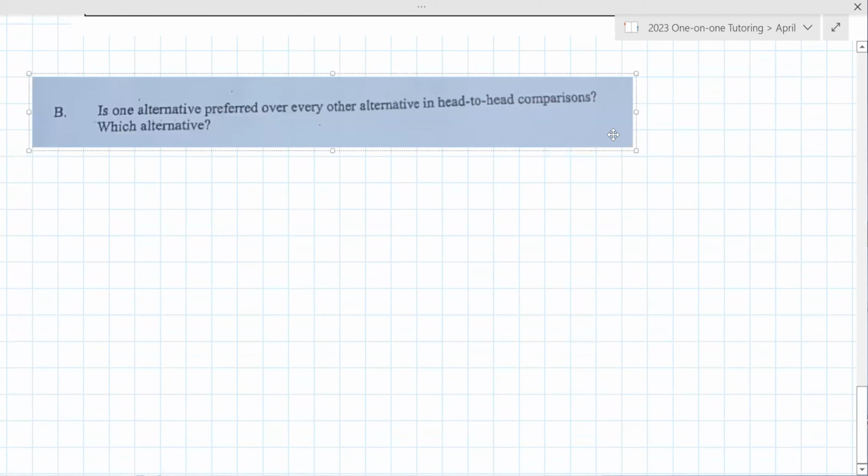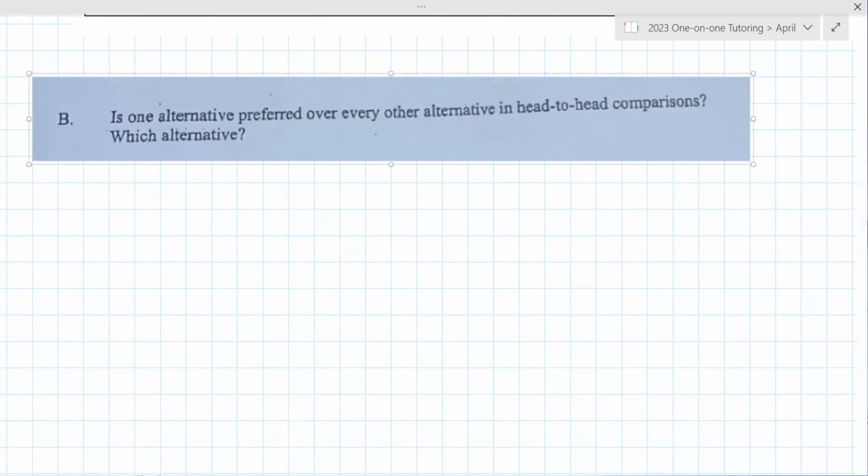But let's get into that here a little bit. It says, is one alternative preferred over every other alternative in head-to-head comparisons? And you're supposed to use the pairwise comparison here for this. So let's do that.